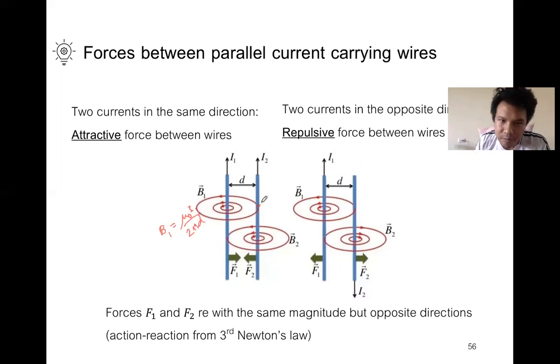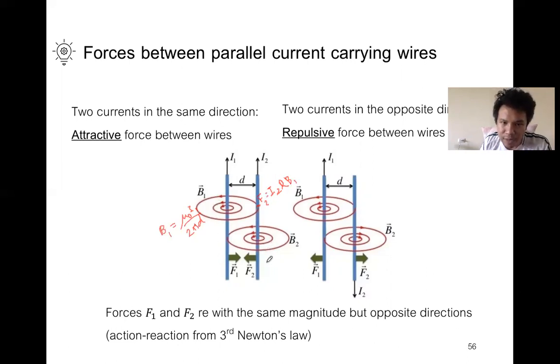With that, as wire 2 has the current I2 and has the length L, if I2 is in a magnetic field from I1, there will be a force F2 that equals I2 L times magnetic field B1.